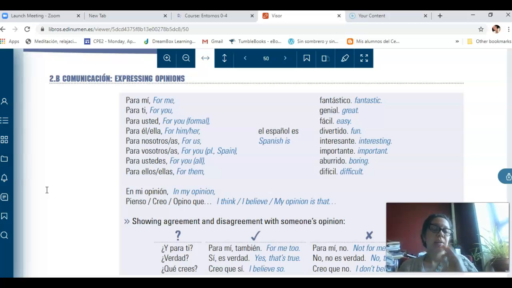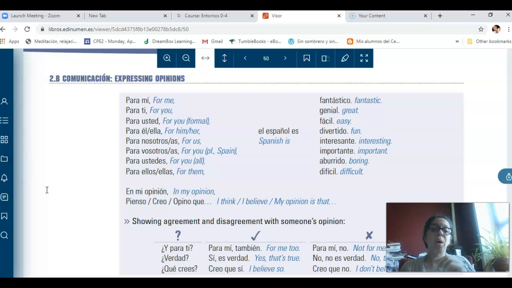And then you mention the thing that you're talking about, el español, la comida, la música, and after that, you're going to give me an adjective. You're going to describe that thing. In this case, we have el español. El español es fantástico. Pay attention, fantástico is going to behave like the colors, okay? So fantástico has to agree in terms of gender and number with the thing, okay?